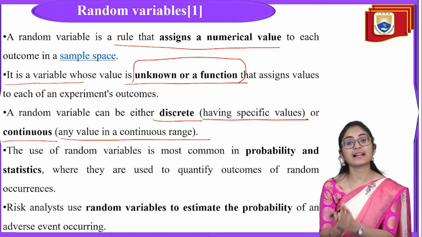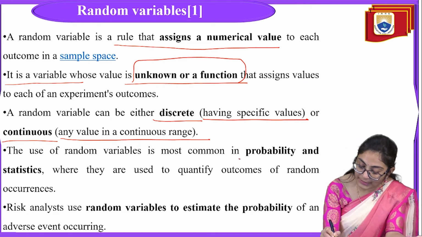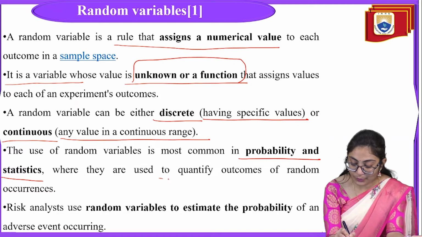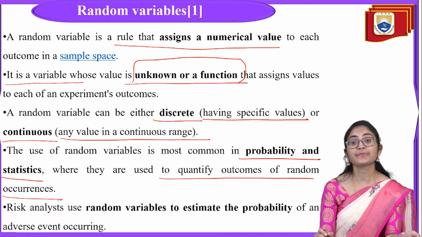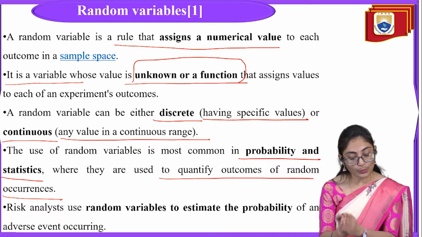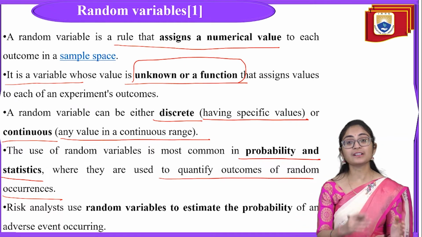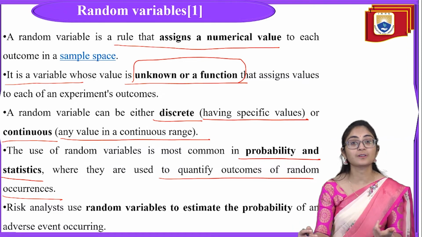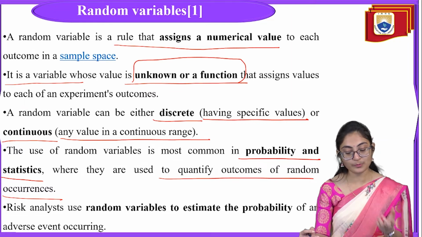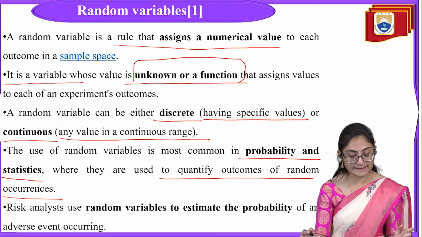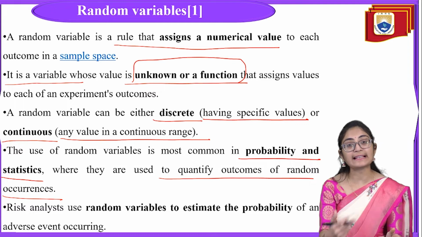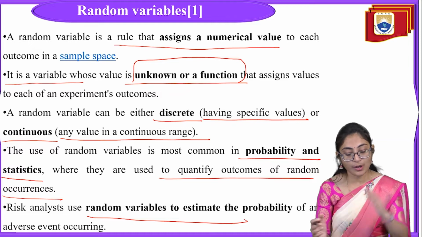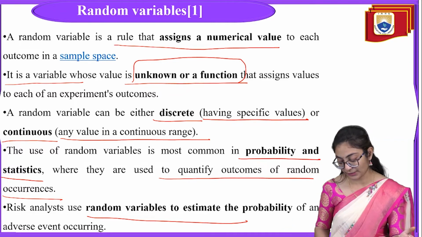The use of a random variable is most common in probability and statistics, where they are used to quantify outcomes of random occurrences. Risk analysts mostly use random variables for estimating the probability of an adverse event occurring.